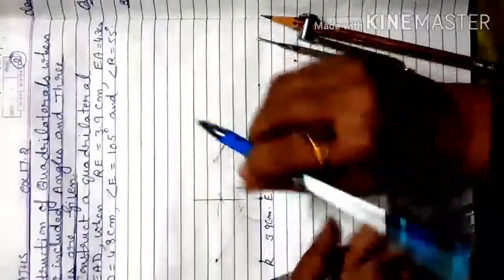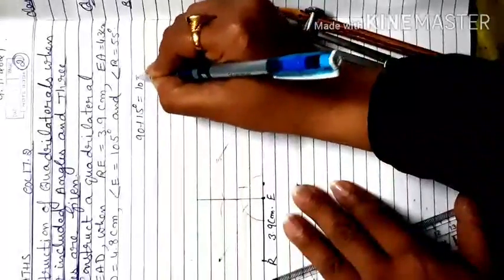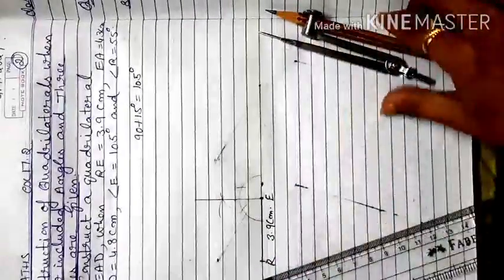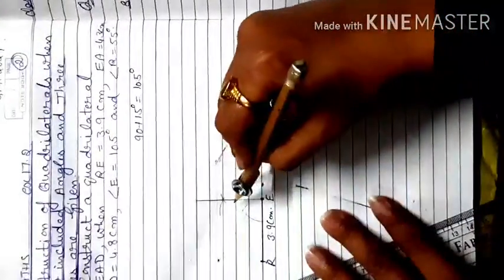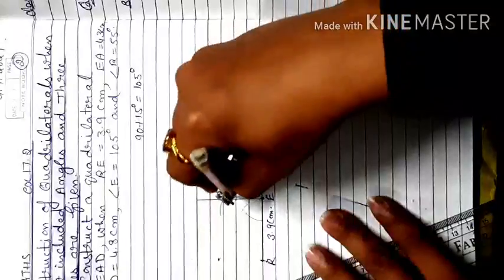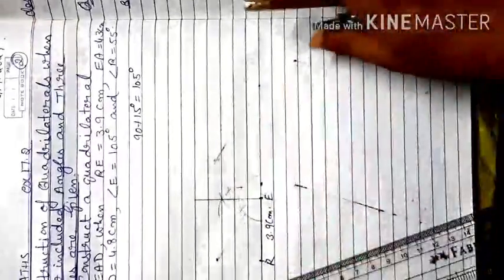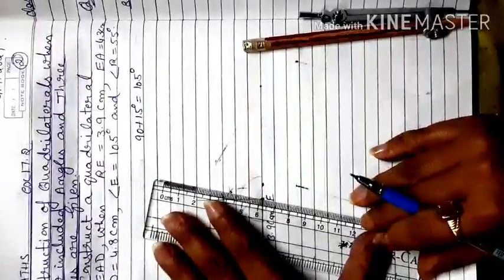When you add 15 to 90 degree, 90 degree plus 15 degree gives you 105 degree. So you need half of this 90 to 120 degree. So I will bisect 90 to 120 degree into two equal parts like this. First one, second one. When you join that one, that gives you 105 degree.